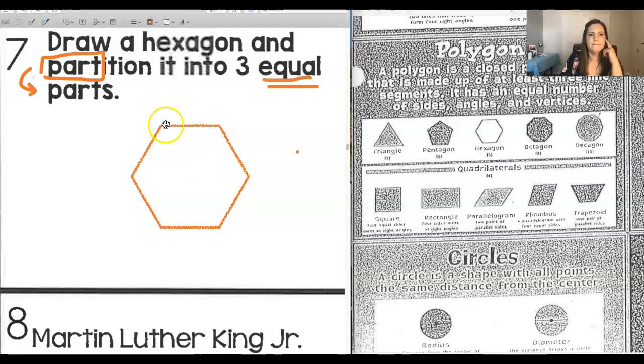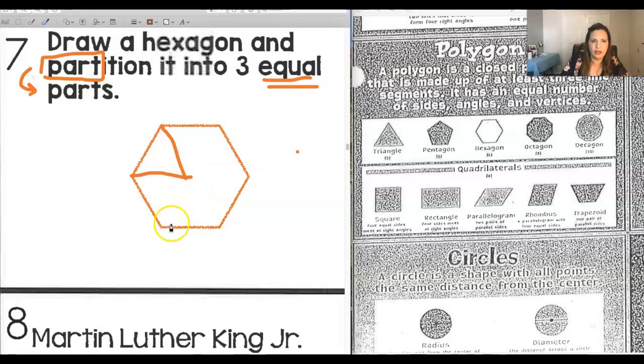So I'm going to think, how could I turn this into 3 equal parts? Well, I can't do a line like this because those parts are not equal. So that doesn't work. Can I do a triangle like I did the other day with the other ones? Let's see.